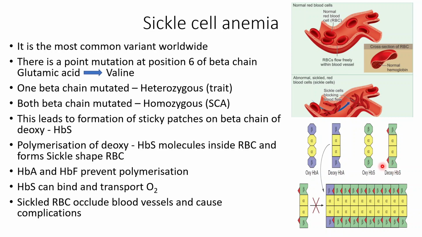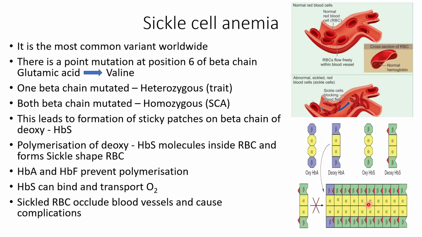So this is hemoglobin S, this is hemoglobin A; this is normal, this is abnormal, the mutated form of hemoglobin. Hemoglobin S under deoxy condition forms these sticky patches. Now the problem is that in the deoxygenated condition, these sticky patches polymerize. They stick behind one another, and it leads to polymerization.